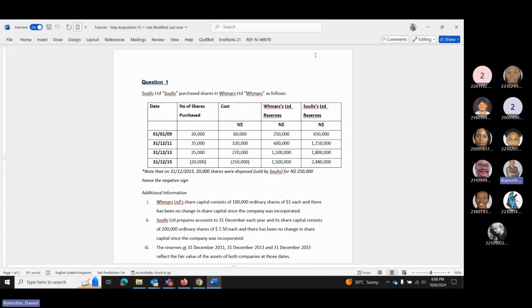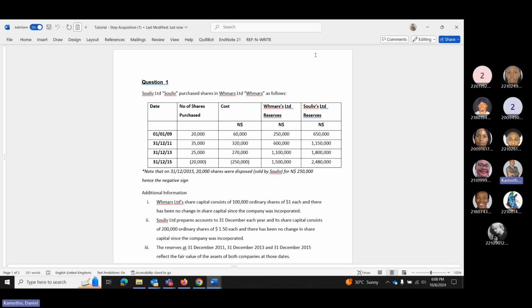Then on 31st December 2015, they disposed of 20,000 shares, meaning they went down to 60. And note that the 20 were disposed of for 250. So ideally, they sold off 20,000 of their shares or their interest, and they received 250,000.